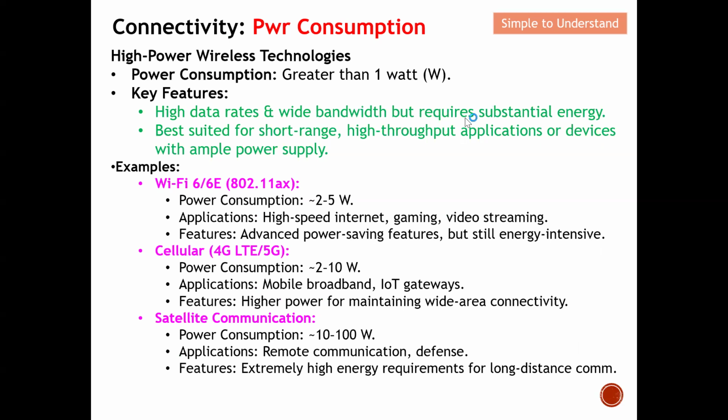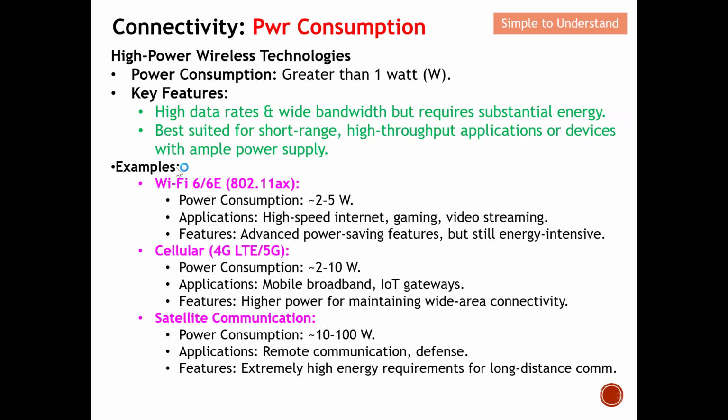But they require some substantial energy to do these tasks. So they are best suited for short range. You cannot increase the range, if not, the power will be even greater. So therefore, this is only suitable for very short range, high throughput applications or devices that don't have any power issue, maybe they are hooked up to AC. This is the use case for this high power wireless technology.